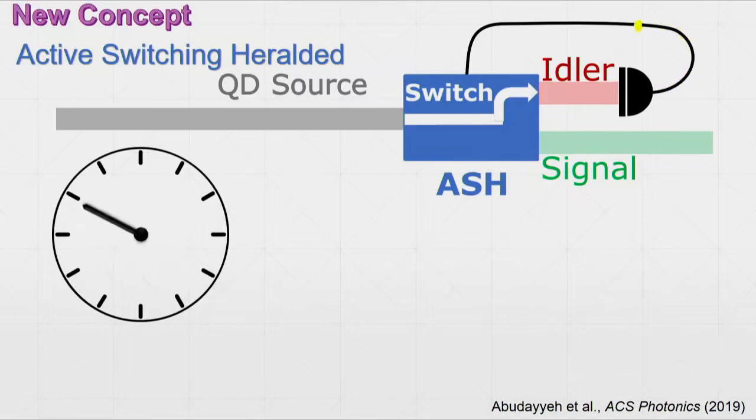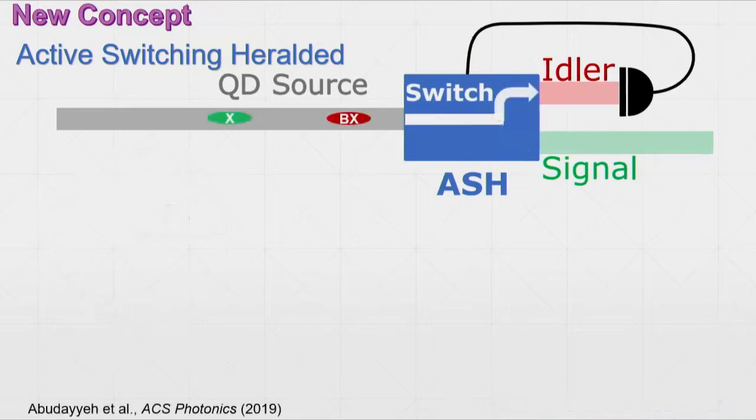If you calculate this, it depends on the detector switching time and the switch rise time and everything else. This is called the response time of the system. And if the two photons are separated by less than this, they'll both be lost. They'll both go to the idler port, and the signal photon will be lost.